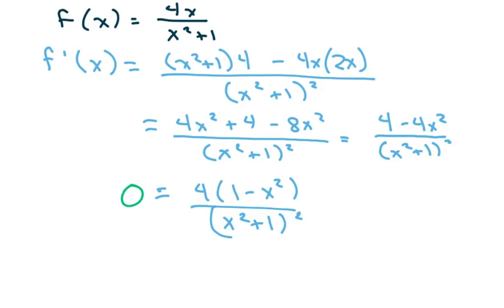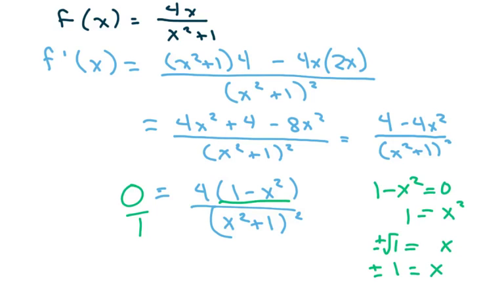And of course, when you cross multiply, the denominator goes away. So basically, we're just going to set this part to 0. So x squared equals 1, so x equals plus or minus the square root of 1, which is plus or minus 1. So that's your 2 critical numbers.